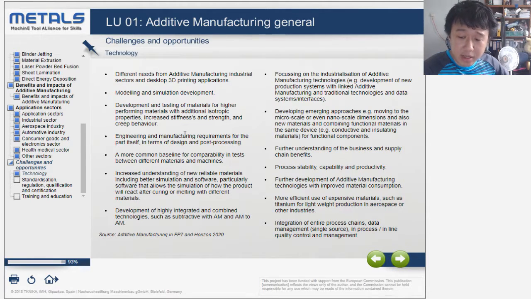Very good. Further understanding of the business and supply chain benefits. Yes, I think this would change slightly later once people are more confident with the technology. Then there's definitely a huge disruption to supply chain, because if you can build and make stuff locally, then everything is sort of a lot cheaper.